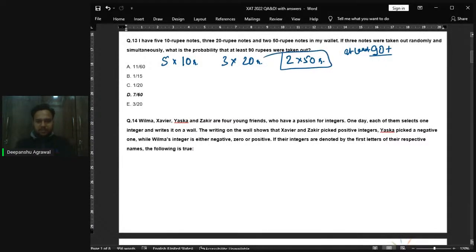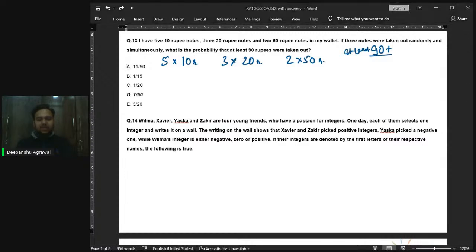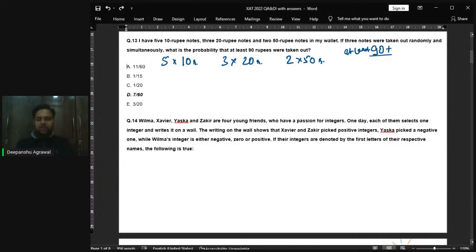Let's first pick the bigger notes, right? And let's see what are the cases in which we can select the 50 rupee notes. So there are two notes of 50 rupees. There's one situation in which we have both 50 rupee notes, and there's one situation in which we have one 50 rupee note.